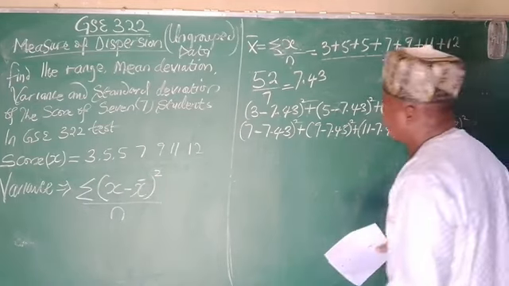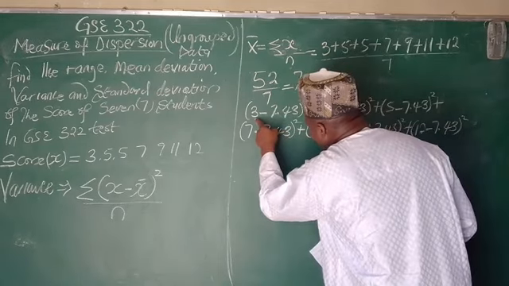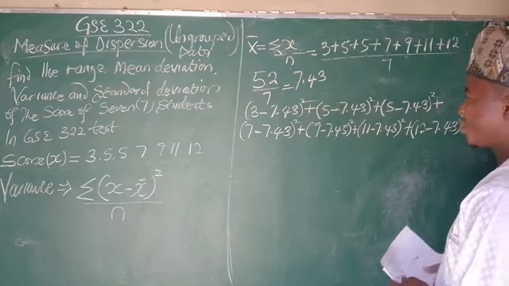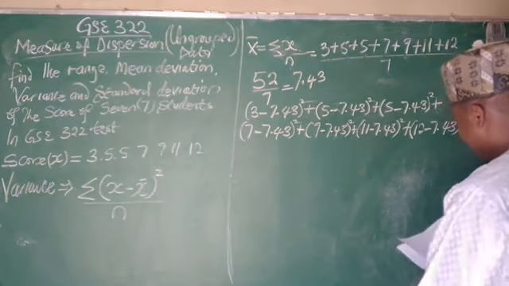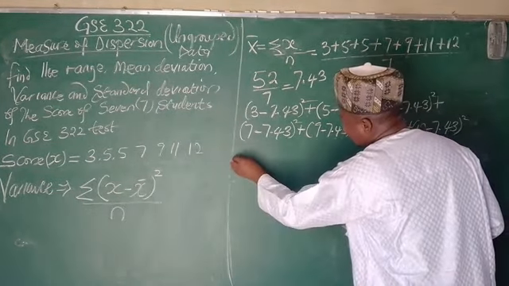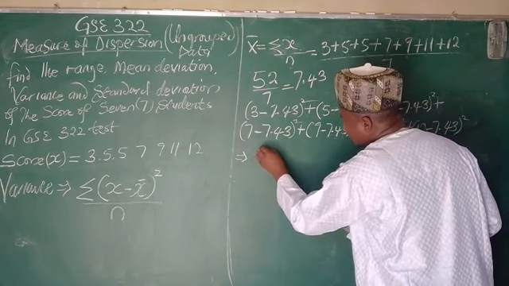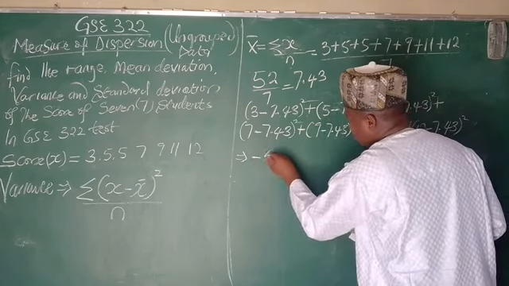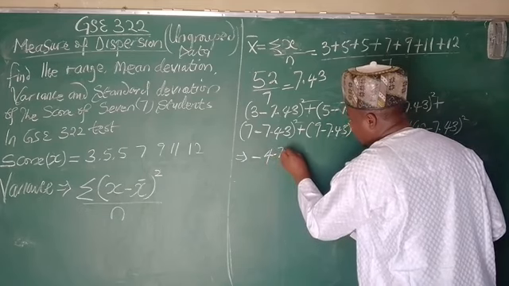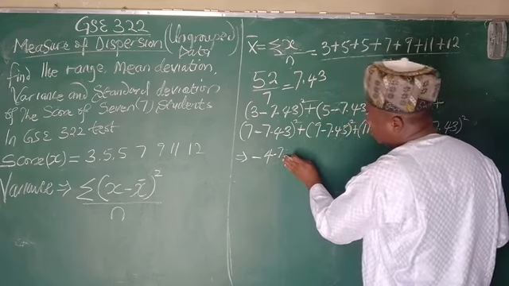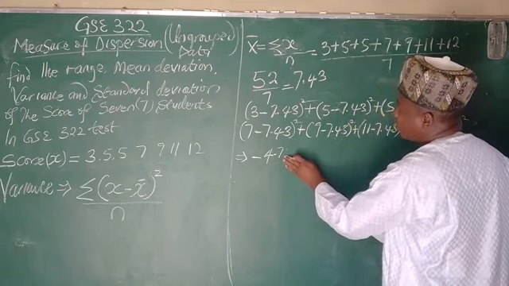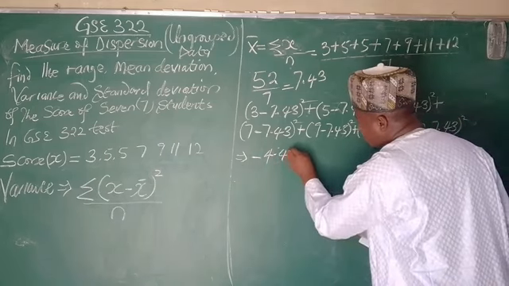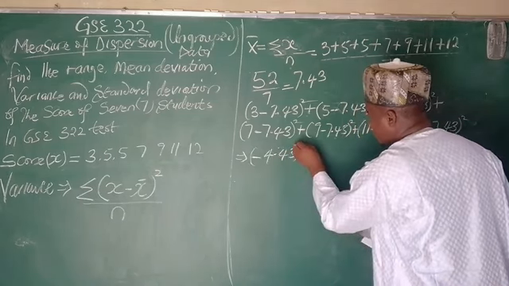So now, 3 minus 7.43 is going to give us minus 4.43. The result of the first one is minus 4.43 squared.